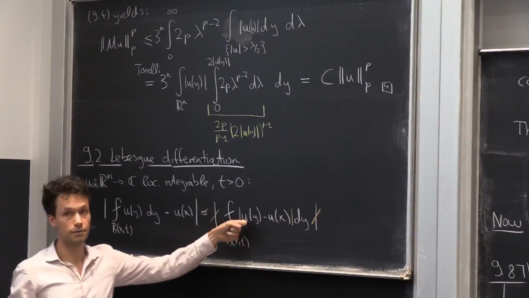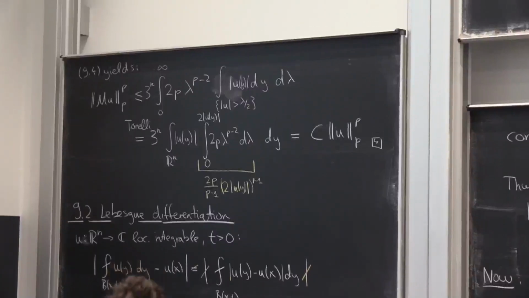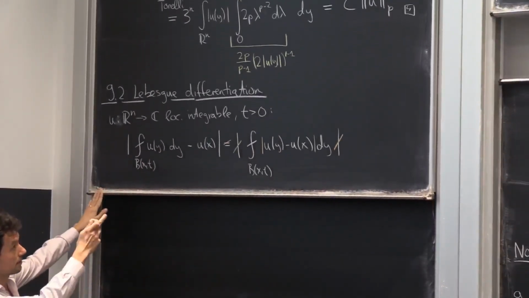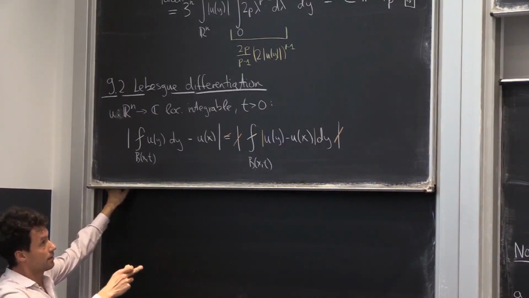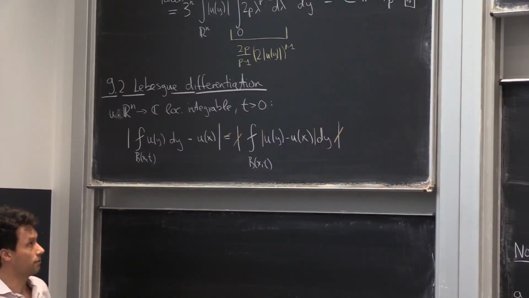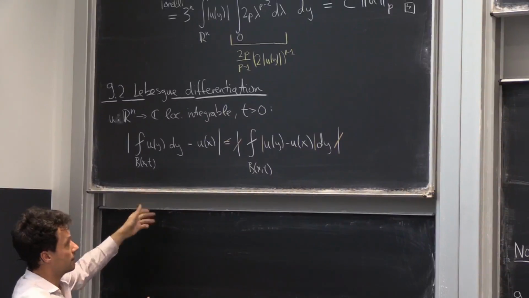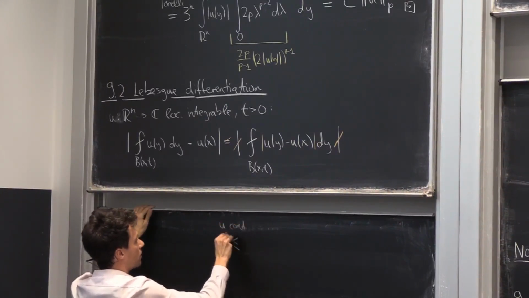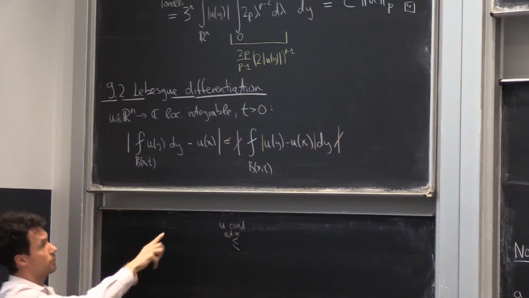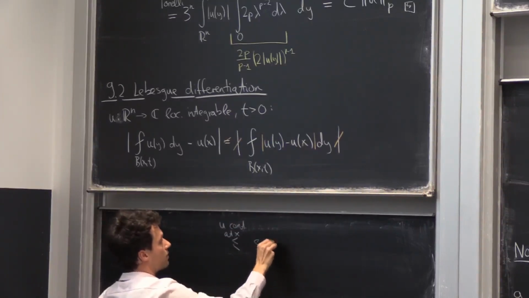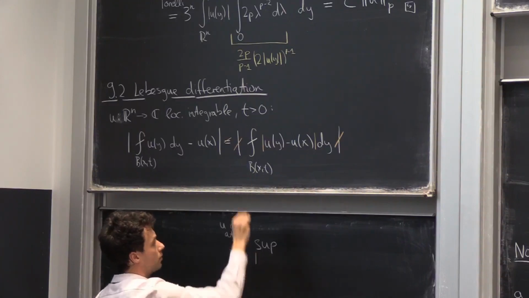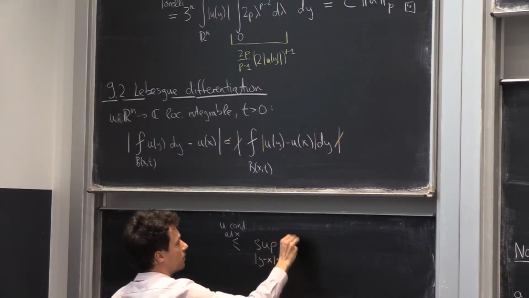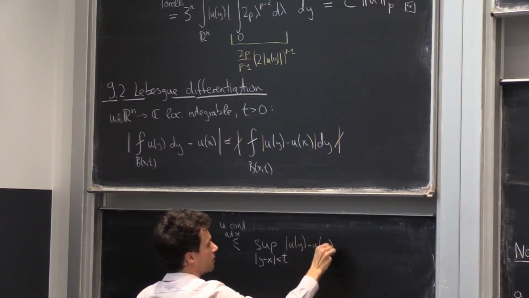And actually, we're going to focus on that. The theorem I want to prove with you in the remainder of the lecture is that this gives us convergence. Now I should say, if u is continuous at x, then I could bound this by the sup over all y with distance to x less than t of |u(y) - u(x)|.